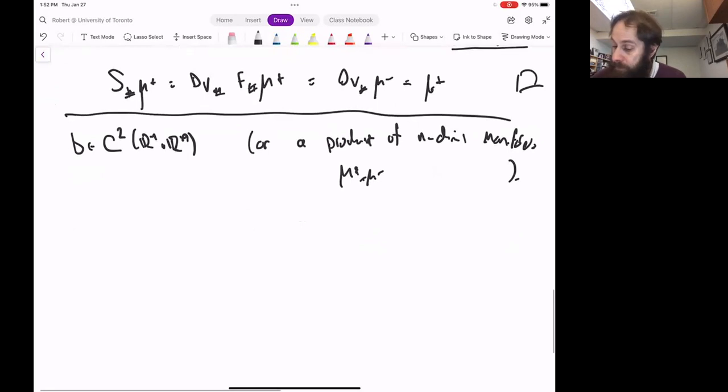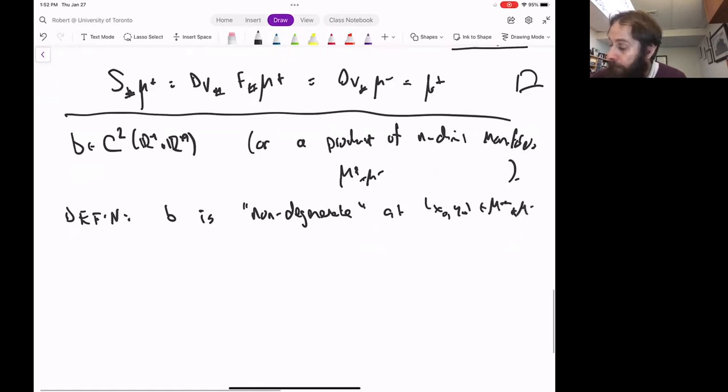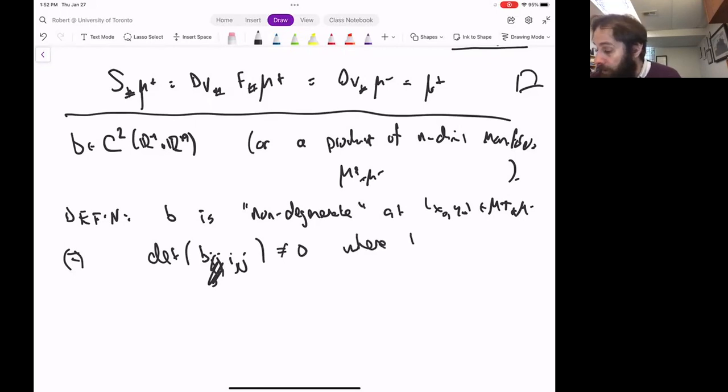And B is non-degenerate at X naught, Y naught if and only if, and there's a couple of different ways to write this, but one way is the following: the determinant of B i comma j is nonzero, where by B i comma j, I mean the matrix of mixed partials where I take one derivative with respect to Xi and one derivative with respect to Yj.